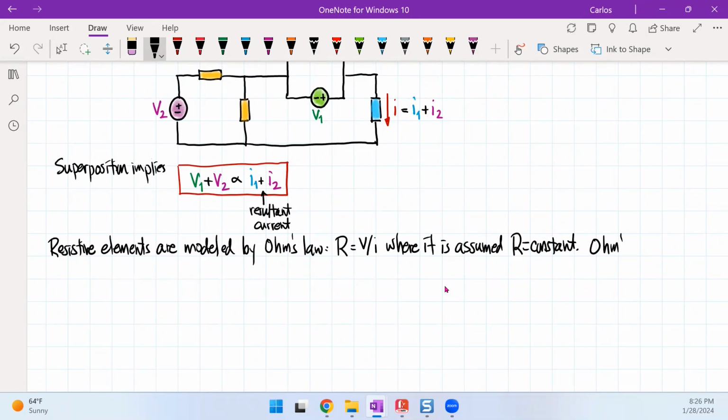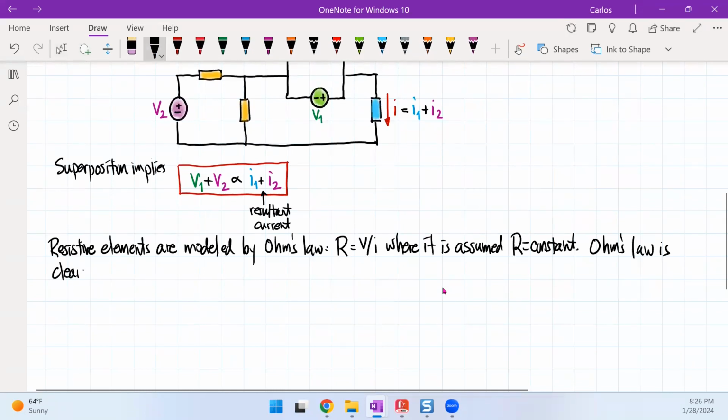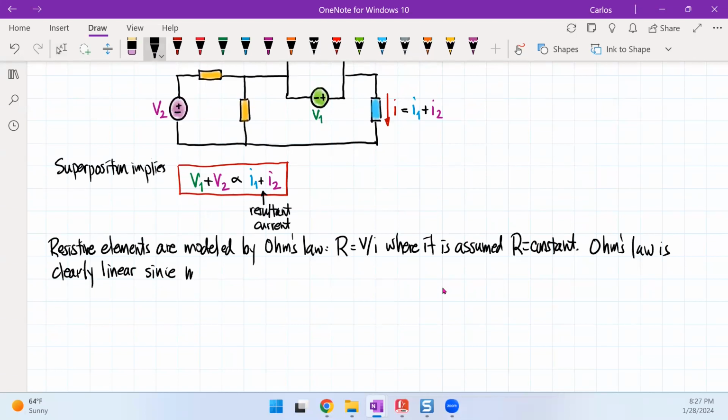Ohm's law is clearly linear since, mathematically, voltage is proportional to current.